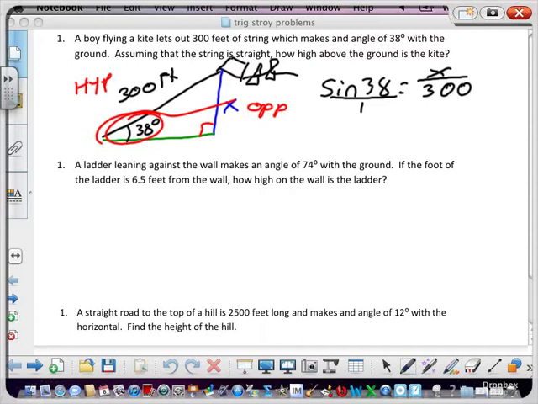So I'm going to change this to 0.6157 over 1 equals x over 300. And then I'm going to cross multiply. So then I go 300 times 0.6157, and I get 184.71.